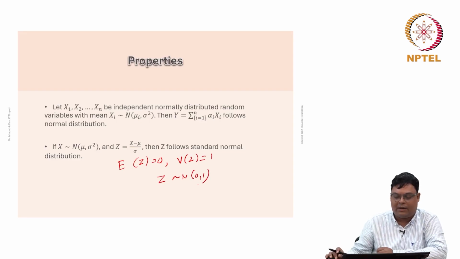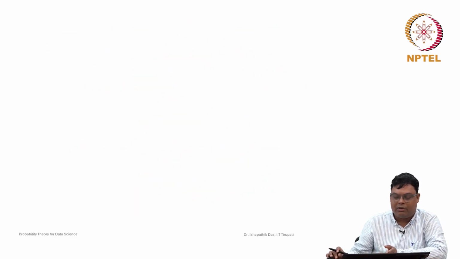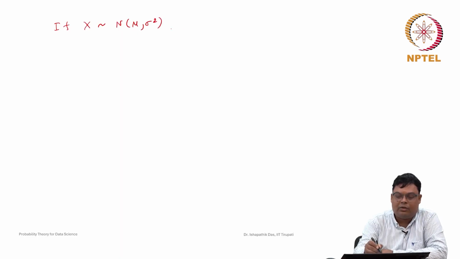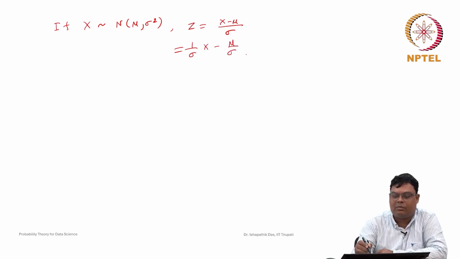Let us see that. If x is normal with mean mu and variance sigma square, take the transformation z equal to x minus mu by sigma. It is also a linear transformation, because it is 1 by sigma times x minus mu by sigma.